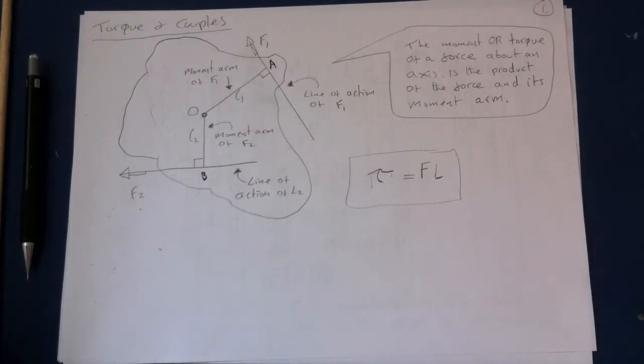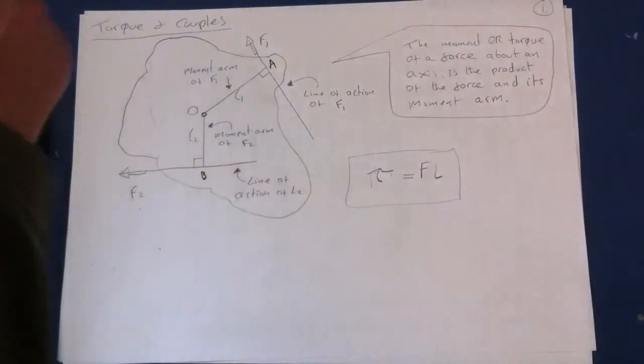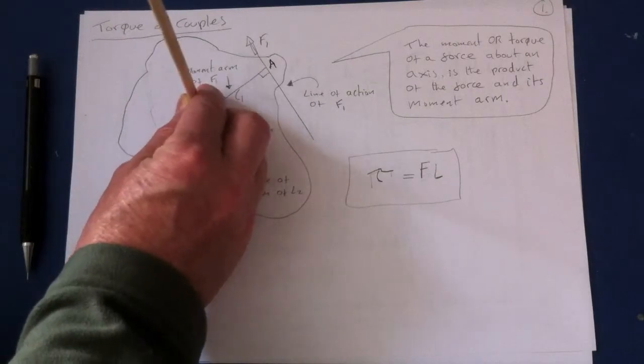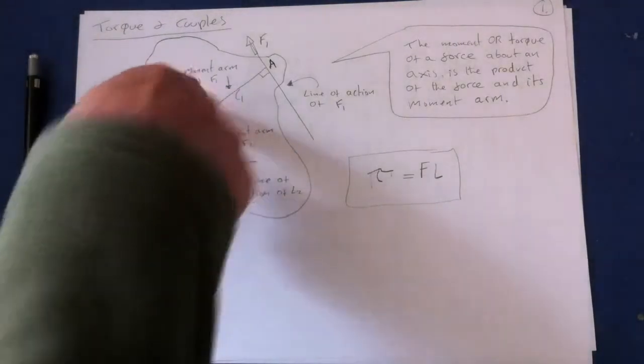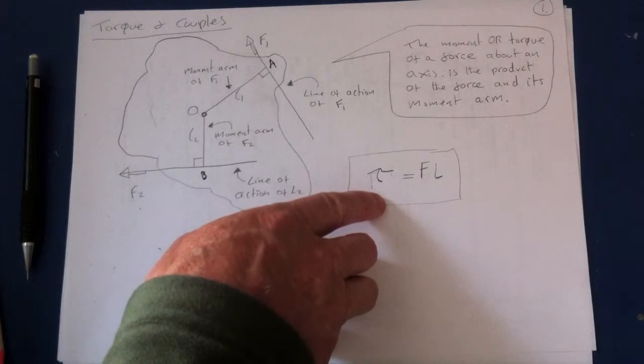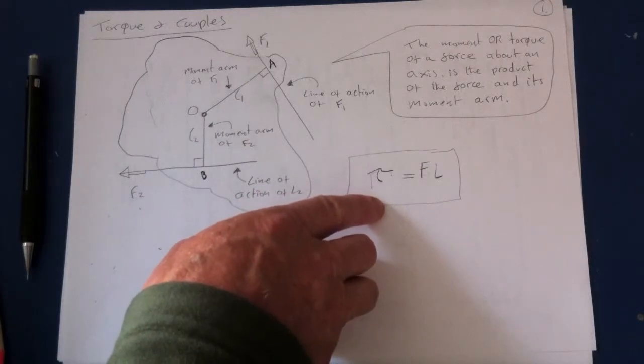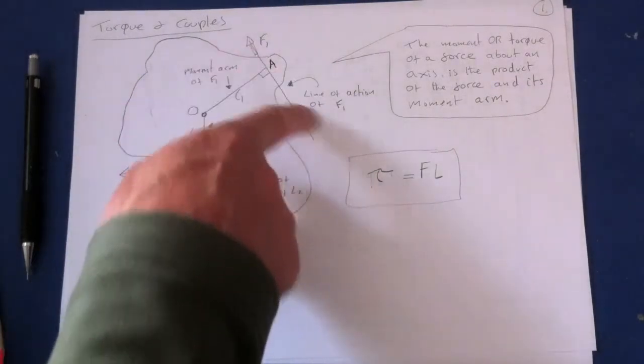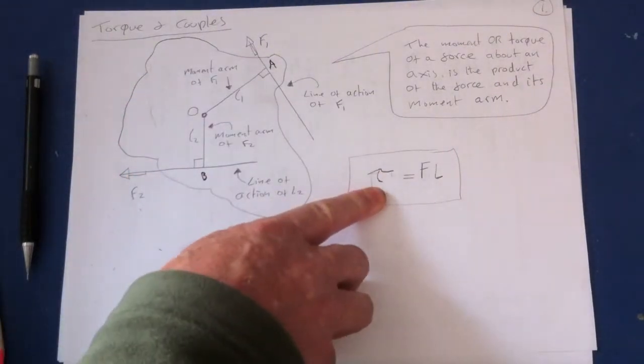The product F1 L1 is called the torque or moment of the force about O, denoted by the Greek letter tau. Think of this as an axis through here, a bar or something. So the moment or torque of a force about an axis is the product of the force and its moment arm. That's its moment arm and that's its force, and there we have the general equation.